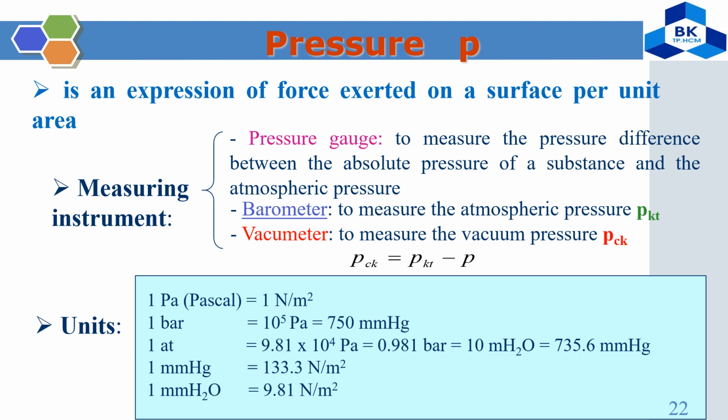There are other units like the millimeter of water and millimeter of mercury. One millimeter of water is equivalent to 9.81 Newton per square meter.